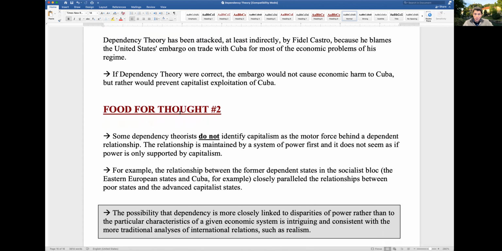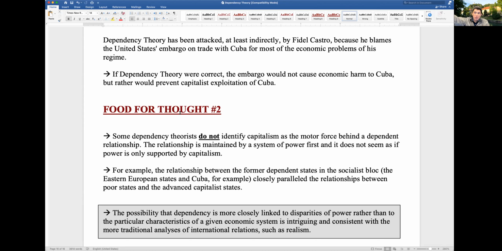Dependency theory argues, at least some of these guys argue, that it's not necessarily capitalism that is the reason behind exploitation. All you need is some sort of relationship of dependency. So in the case of Cuba, it was not the US, it was not the Europeans, but perhaps it was the Soviet Union doing what, in dependency theory words, the US was doing in Costa Rica or the British were doing in Venezuela.